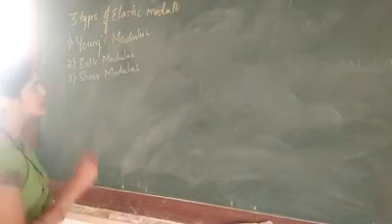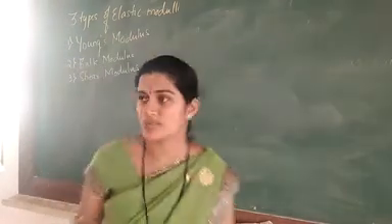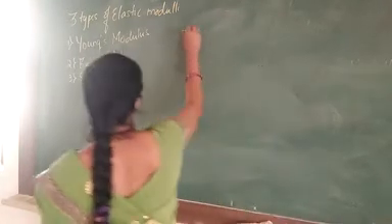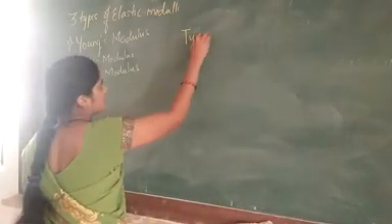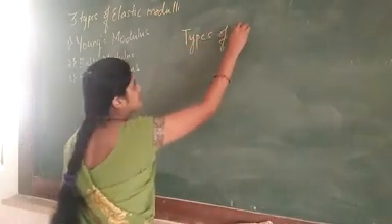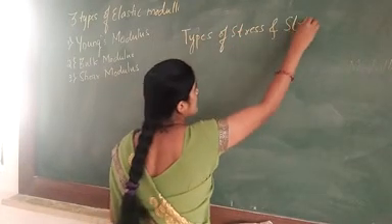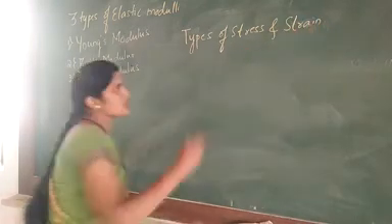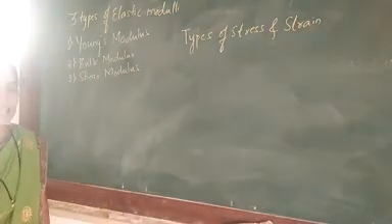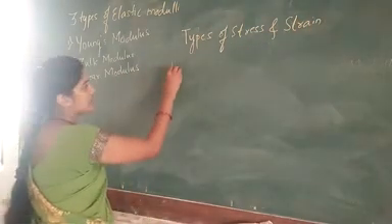Now to define all these three, first we have to know the types of stresses and strain. Here also there are three types of stresses and three types of strain. First one we are studying in stress.